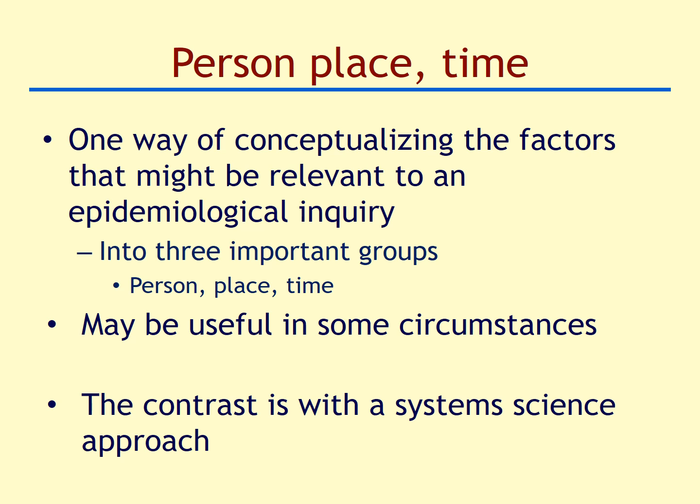I think the contrast would be with a systems science approach, where we try and put all the relevant factors into some sort of conceptual model to explain how they're going to work together, rather than listing them as three attributes of a triangle. And systems science is coming later. So we're providing this because it has been influential in epidemiology. But there are now more integrated ways of thinking about how factors work together to cause disease, which we will come on to later. Thank you.